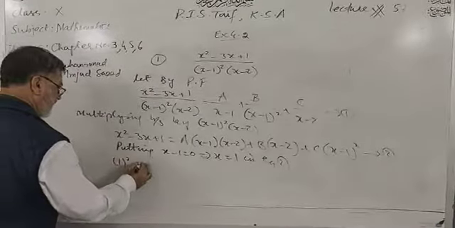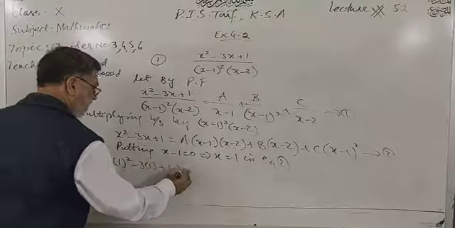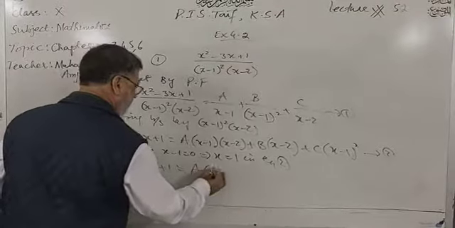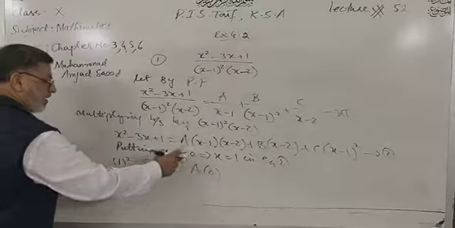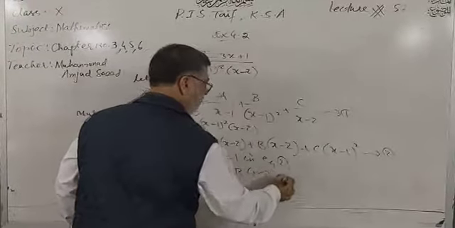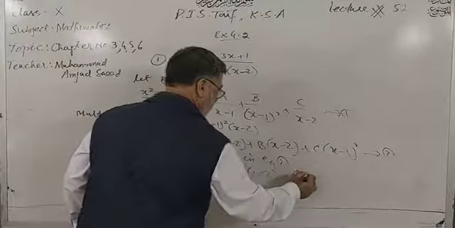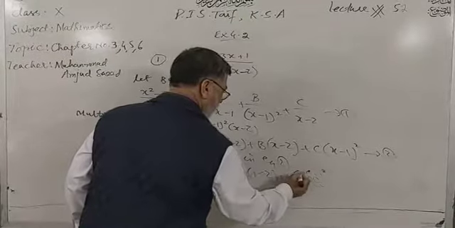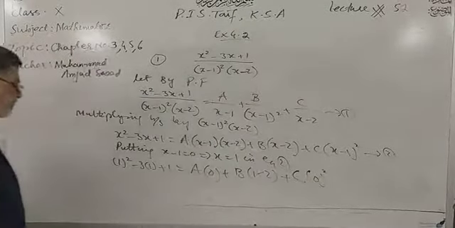This is 1² − 3(1) + 1 = A(x − 1), here x − 1 is involved, so 0, plus B(1 − 2) plus C(0)².